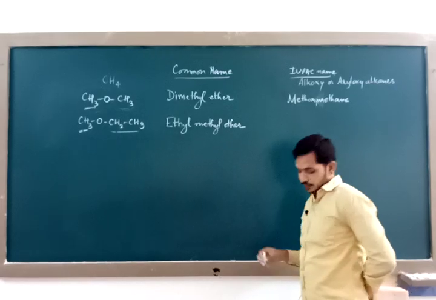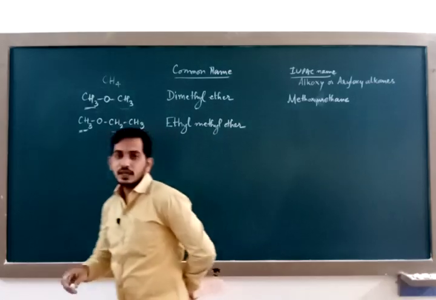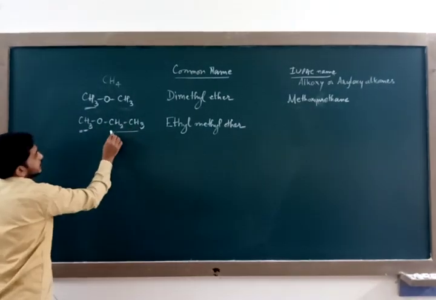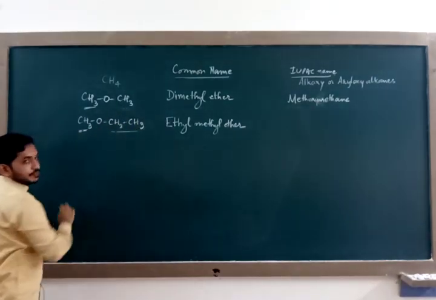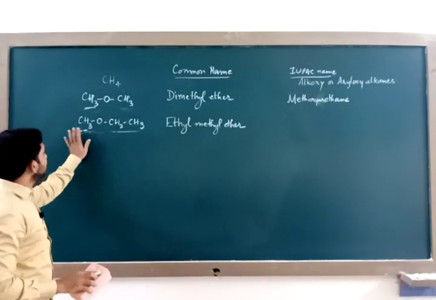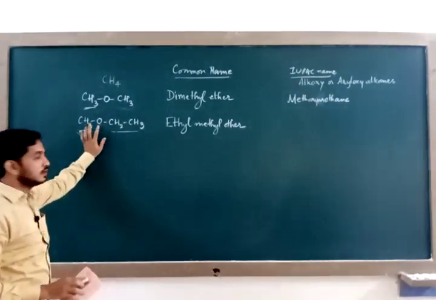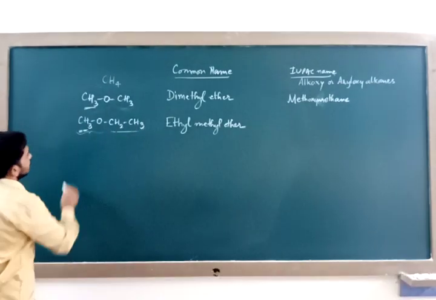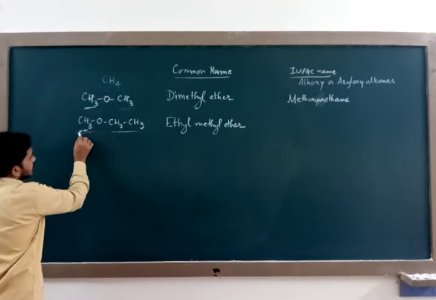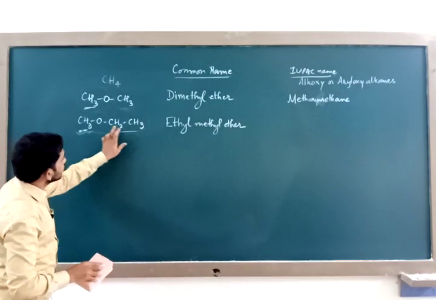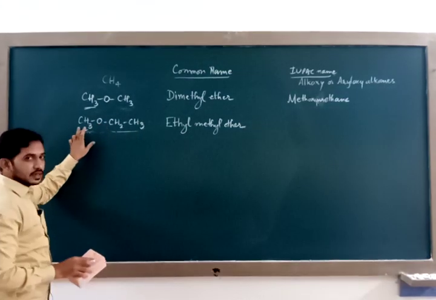For the next compound, how do you write the name? There are two possibilities. One, if I consider this as parent and this as a substituent, then its name will be methoxy ethane. There is another possibility. I consider this as parent and this as substituent, then ethoxy methane.